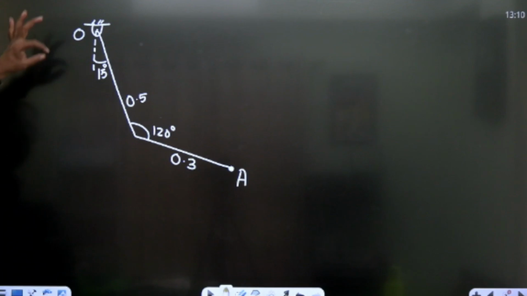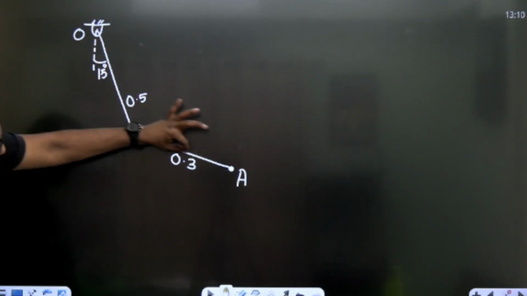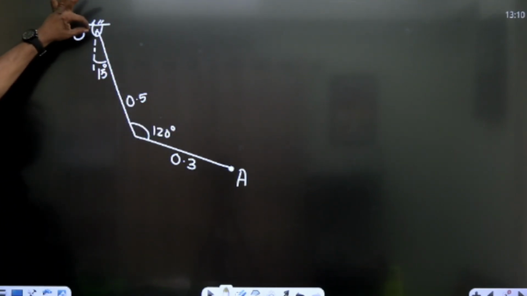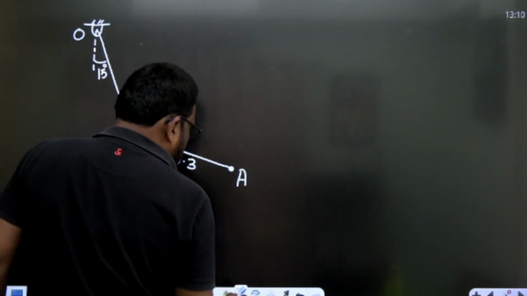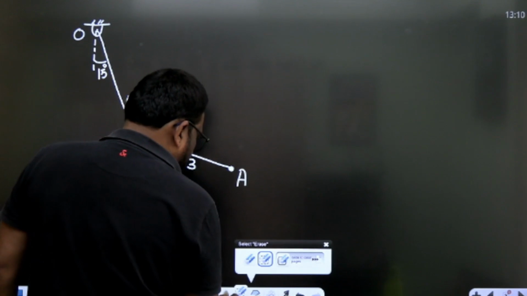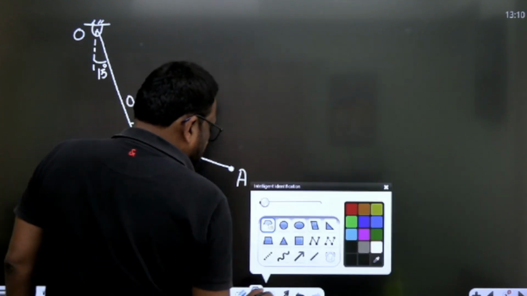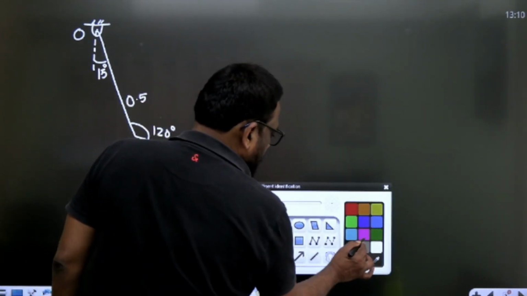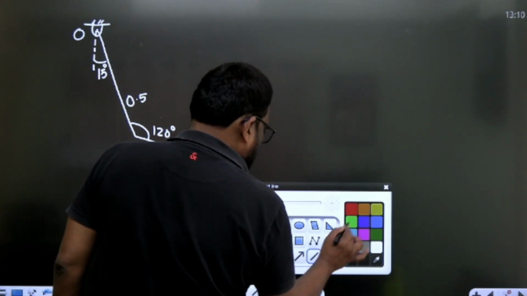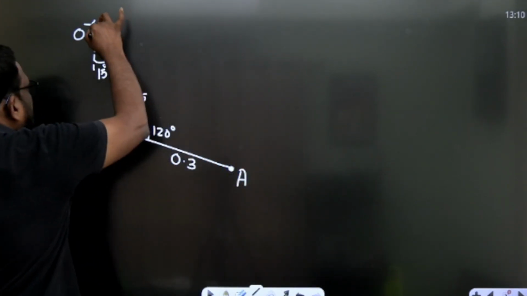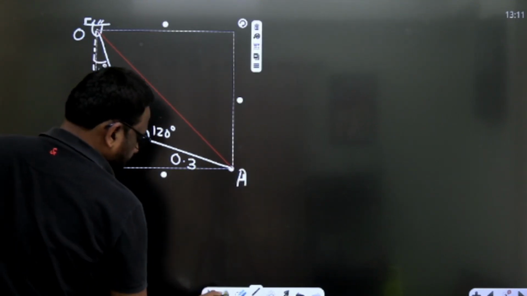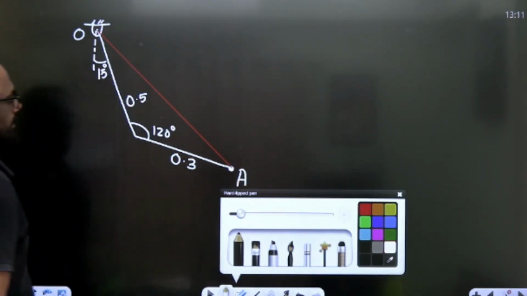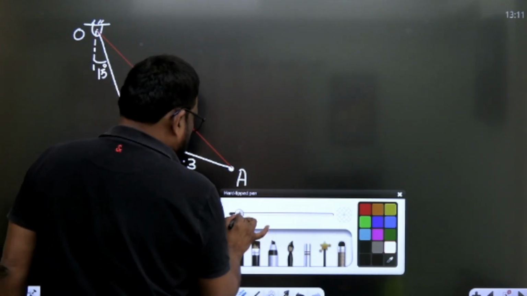You know, my dear students, the complete single bar is rotating about this point O. The simple method is, let me take another line in another color and join this. Let us try to find out this length.